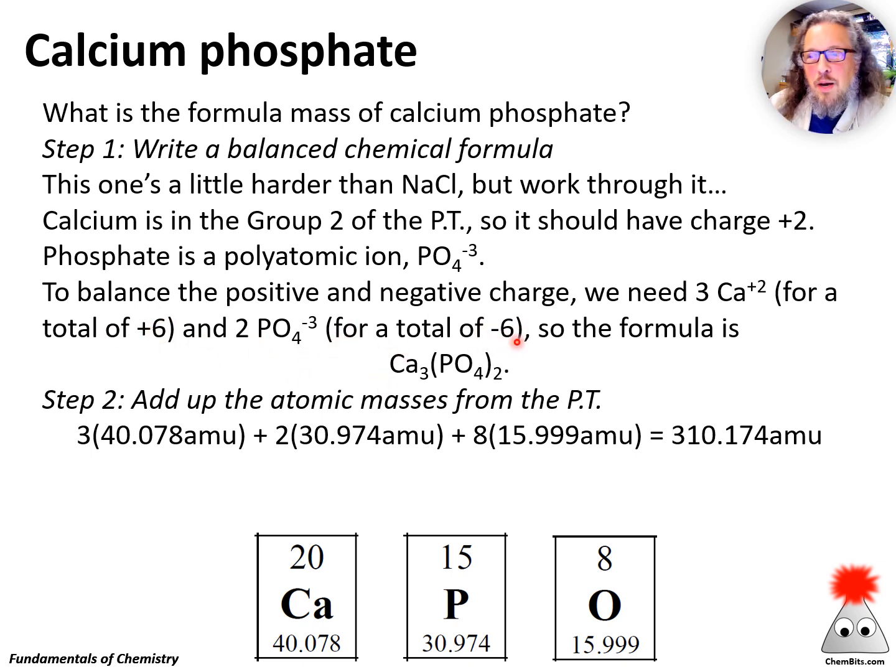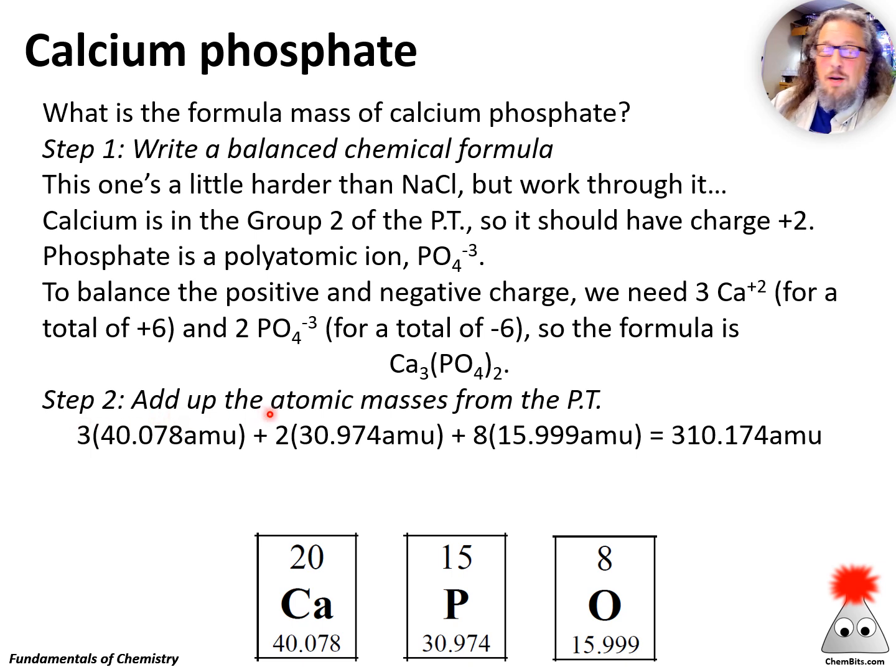So +6 -6, those cancel out. So the formula is Ca3(PO4)2. And here, when we're using polyatomic ions and we've got multiples of a polyatomic ion, make sure we're putting those in parentheses. So this 2 means that we've got 2 of this entire polyatomic ion.